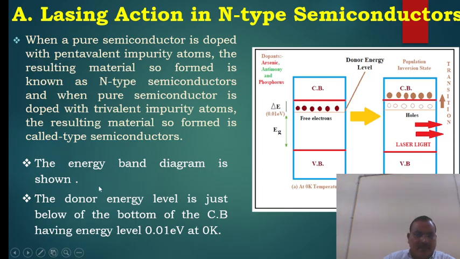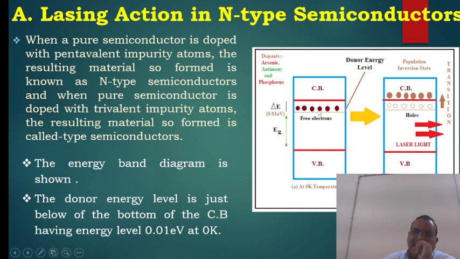The donor energy level is just below the bottom of the conduction band, having energy 0.01 eV. When I am dealing with the N-type semiconductor, this particular level is known as the donor energy level, and it is just below the conduction band.